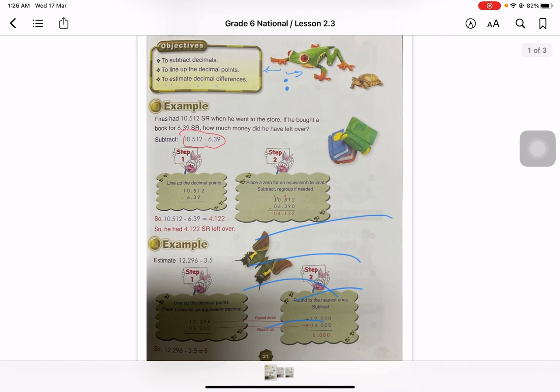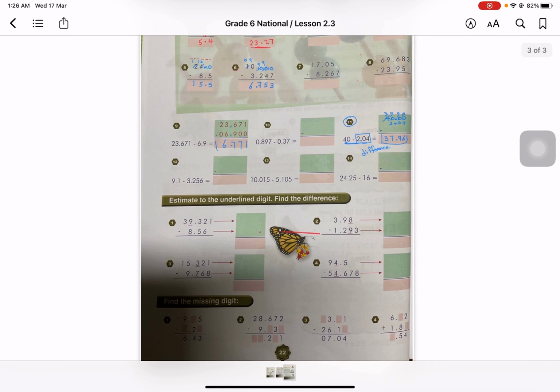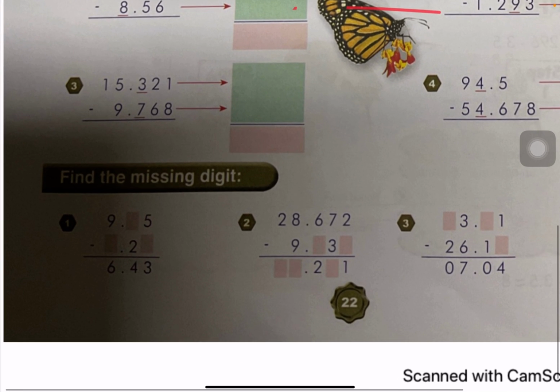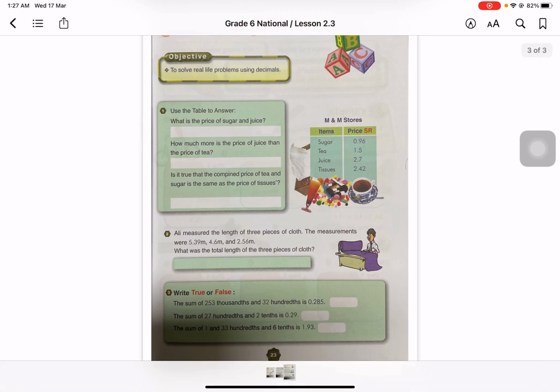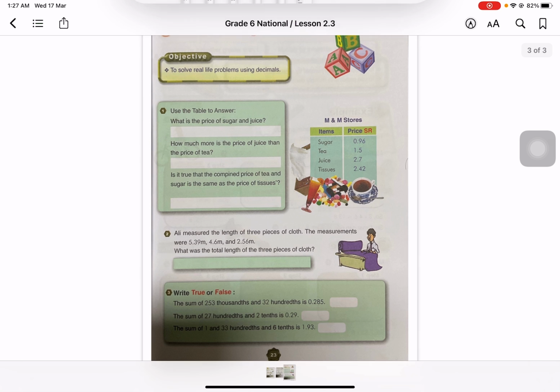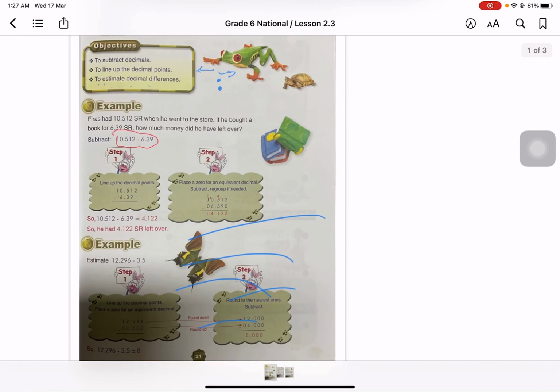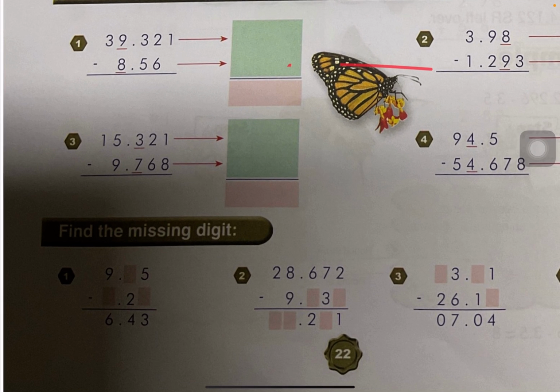It's on page 22. Question 22. They write for us, for example, question number 1: find the missing digits.